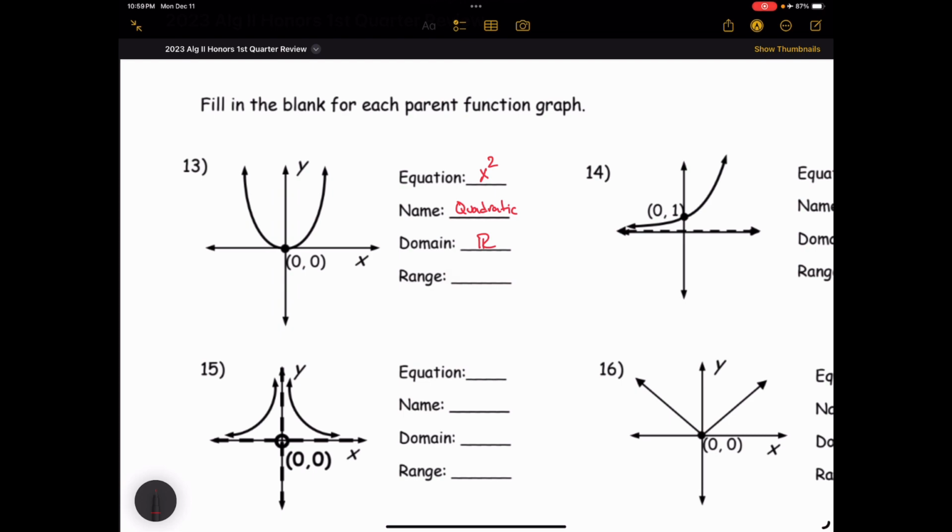If it's the min, it's going to go towards positive infinity. If it's the max, it's going to go towards negative infinity. So this one has a min, and it goes towards positive infinity. So the range is from 0 inclusive to infinity. So bracket around 0 because we're including 0, and parentheses around infinity because infinity always gets the parentheses.